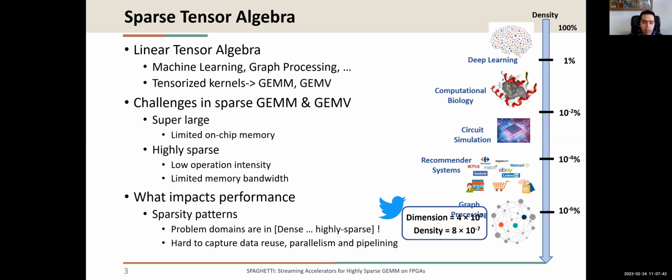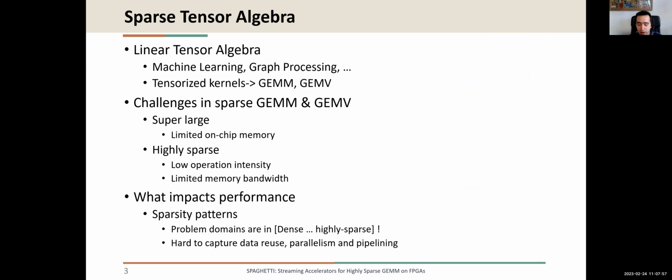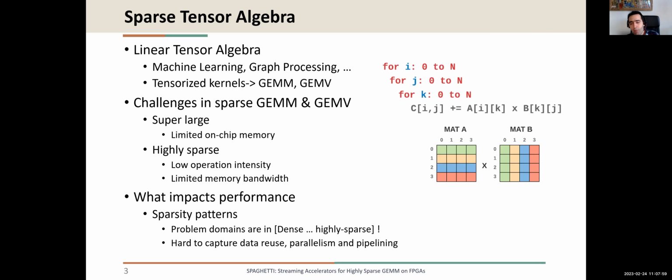As I mentioned, problem domains are sparse. The level of sparsity could vary from one application to another, and it is hard to capture data reuse and parallelism. If you have just two dense matrices, you can easily parallelize the matrix multiplication.